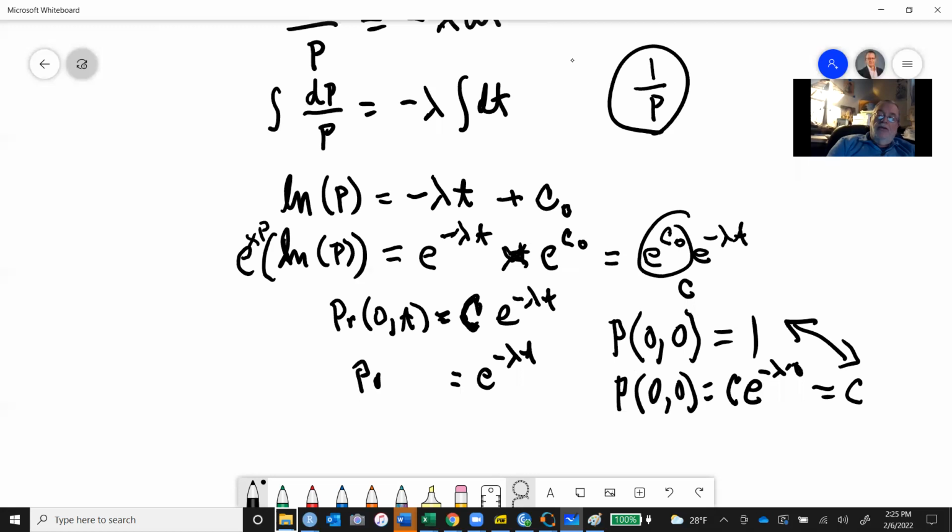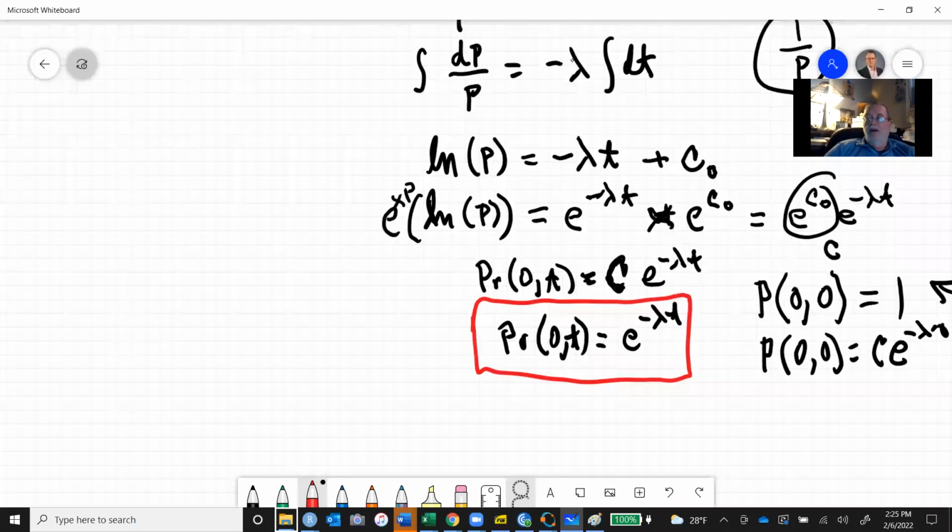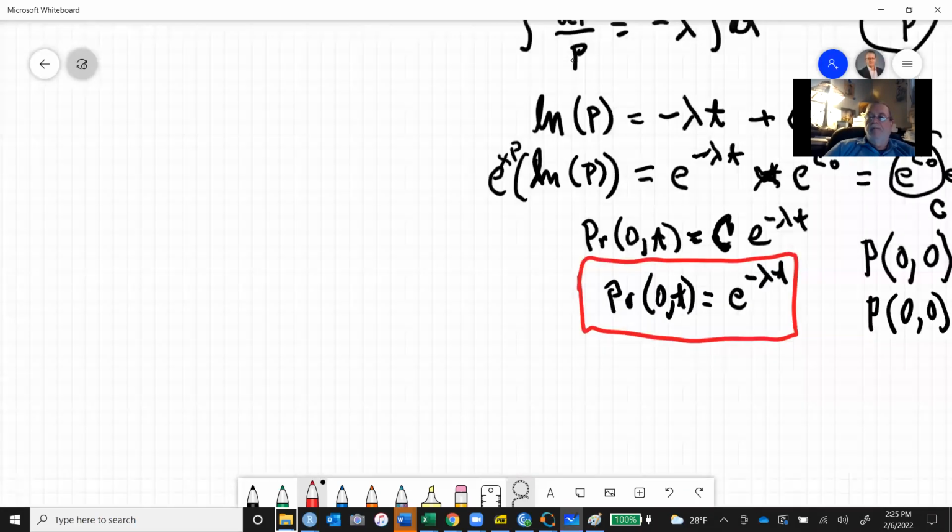So that's our first big win. And we're going to use that in the next iteration. We're going to do a couple of iterations just to demonstrate that our formula will work.